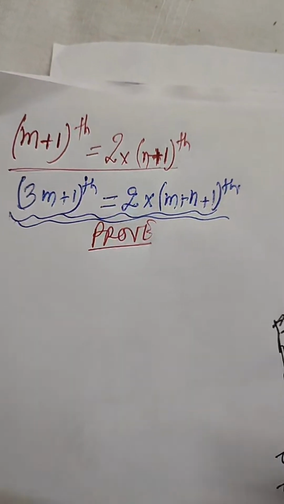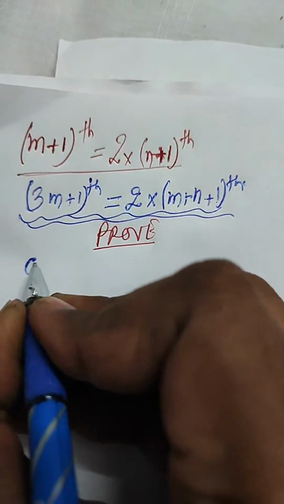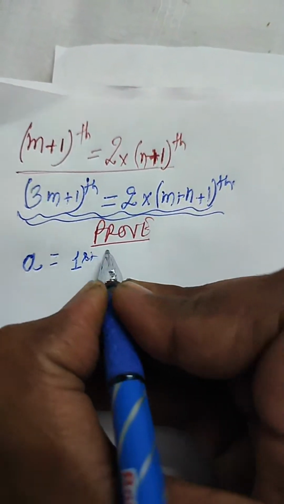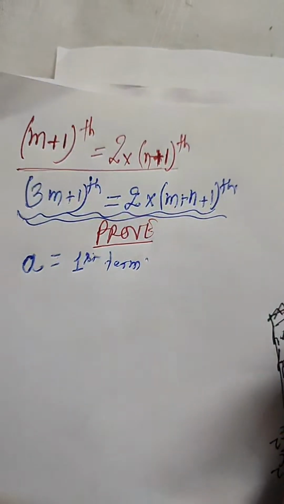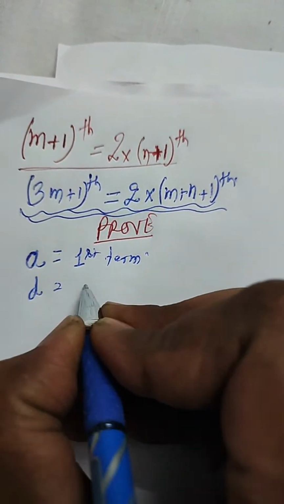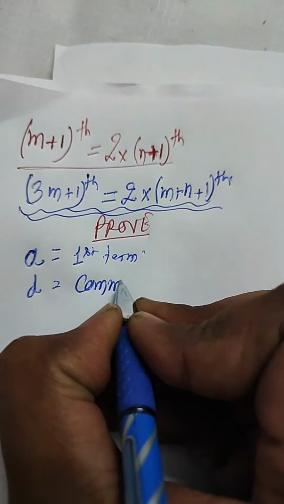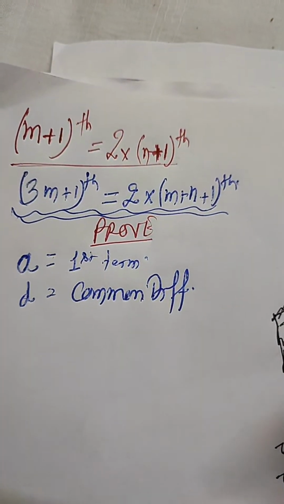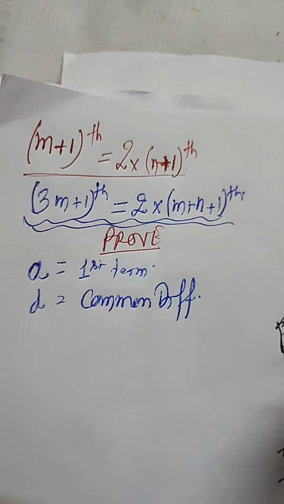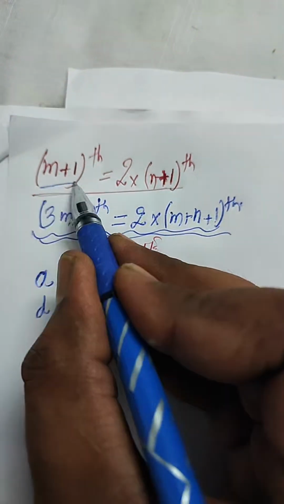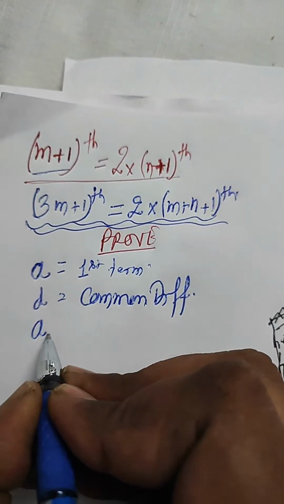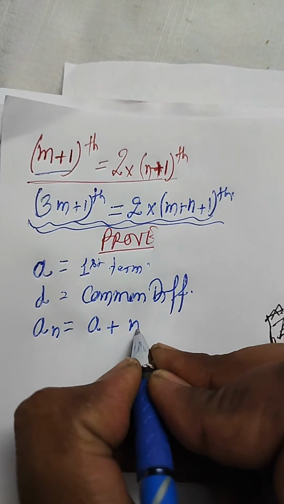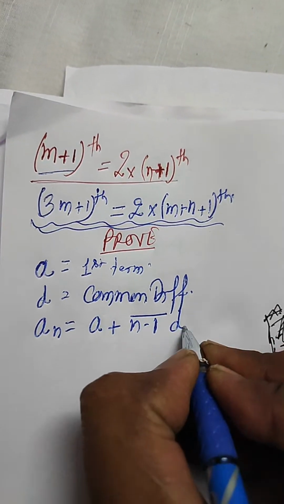So for any AP where A is the first term and D is the common difference, we know that the nth term of any AP is equal to A plus n minus 1 into D, right?